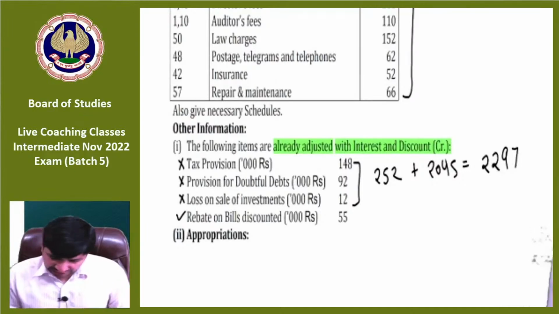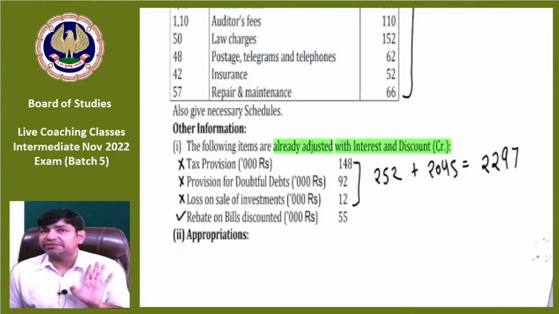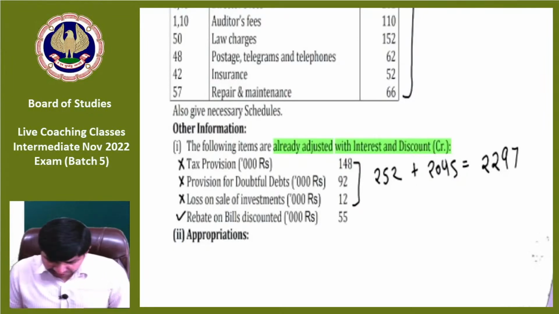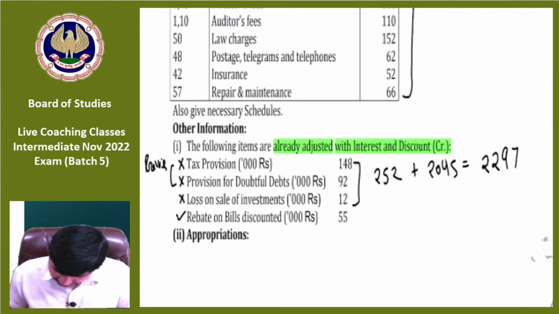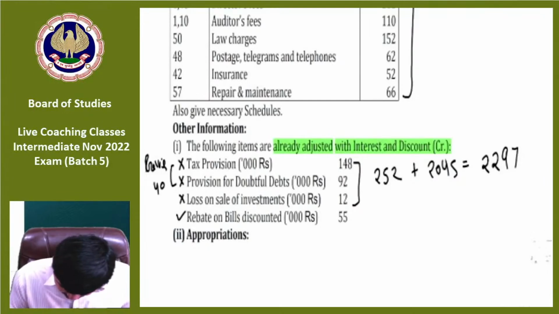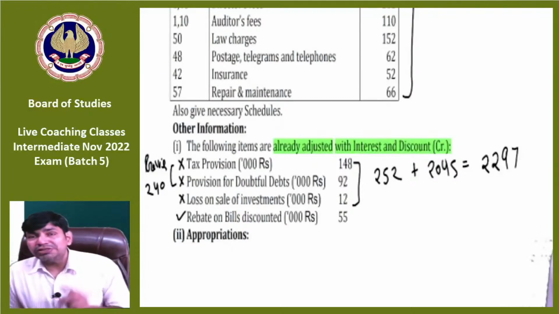Okay, beta. Next, sir, are these not to be adjusted anywhere? Yes, these are to be adjusted, but not in this figure. Where are these to be adjusted? Beta, provisions. In case of provision, we have to adjust. These both are provisions. How much total is there? 8 and 2 is 10, 1 and 10 and 4 is 14, 1 and 1 is 2. 240 is the amount which is to be shown separately in the provision, not to be adjusted here.